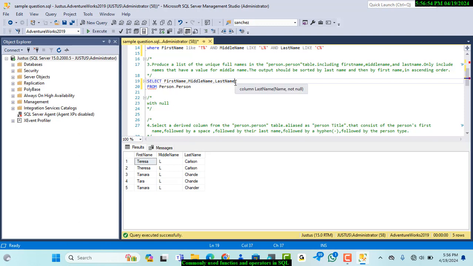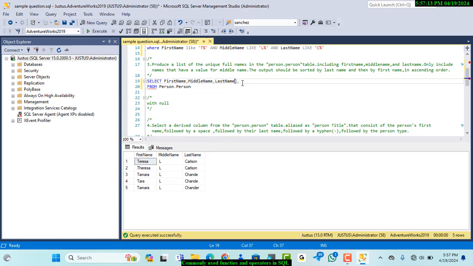So when I run the query, I'll be able to see 3 names. The query must return a result set with 3 names.